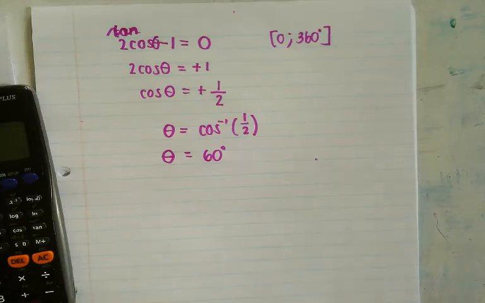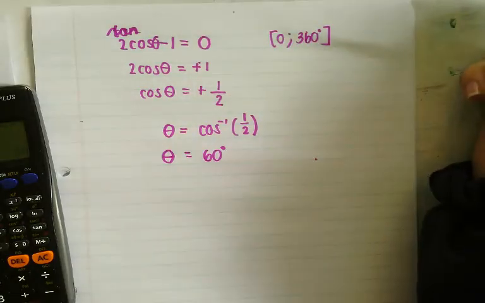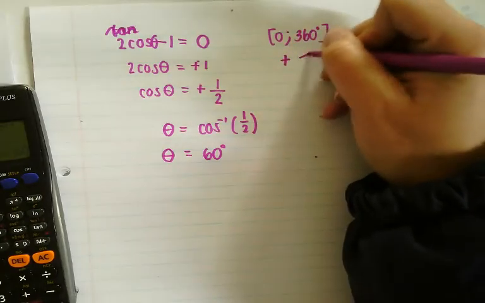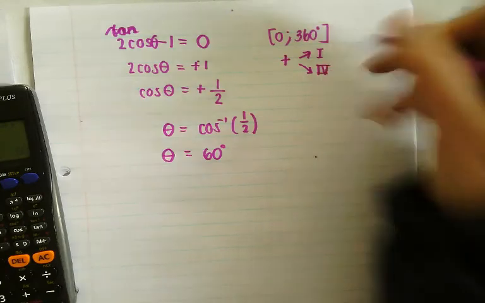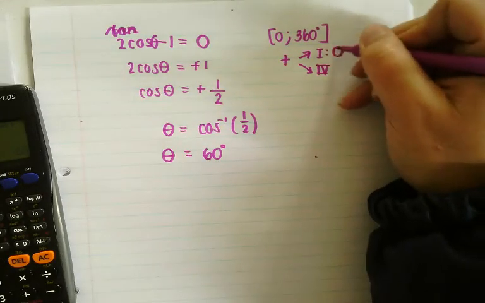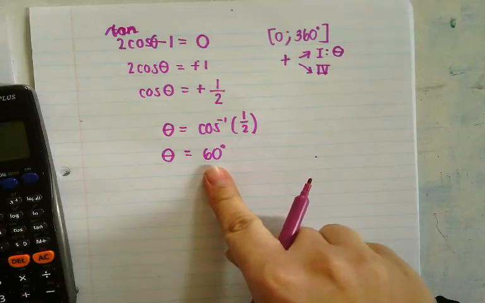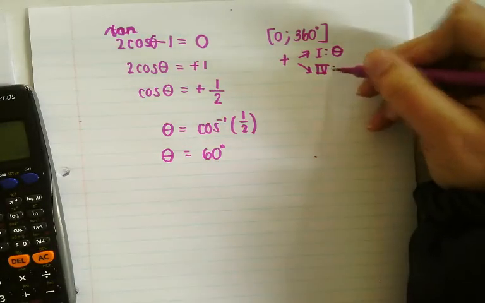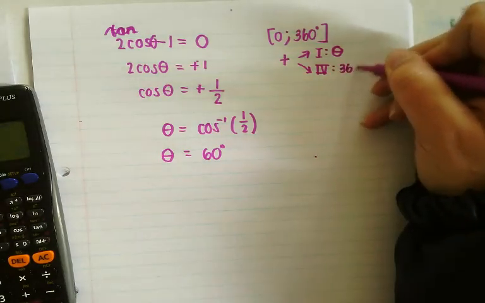We need to check: cos is positive in which quadrants? 1 and 4. My reduction formula for quadrant 1 is just theta, so that would be my quadrant 1 answer. What is my reduction formula for quadrant 4? 360 minus theta.